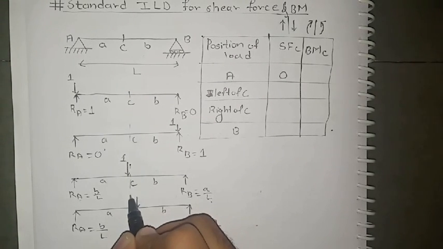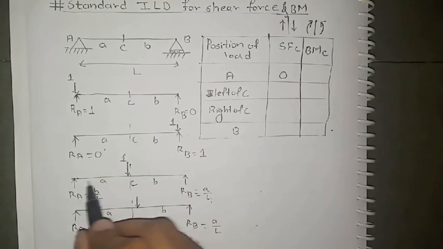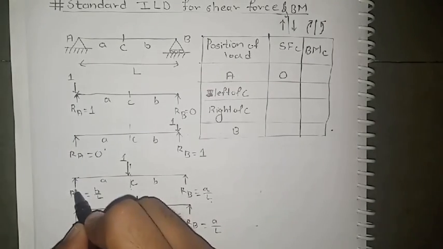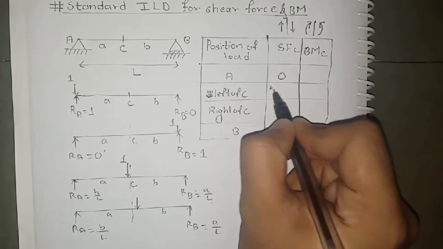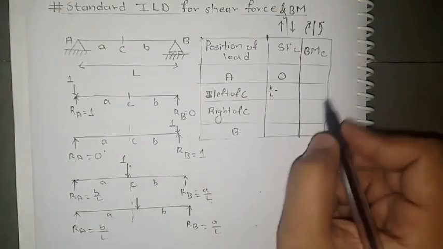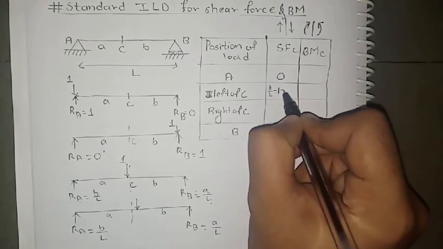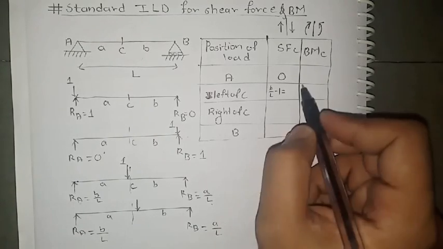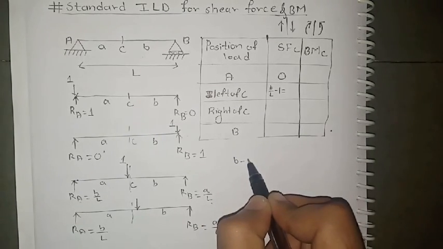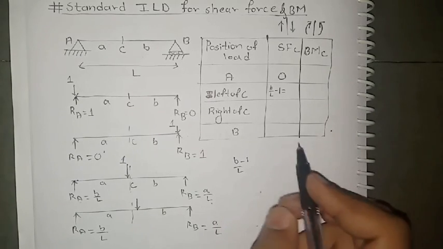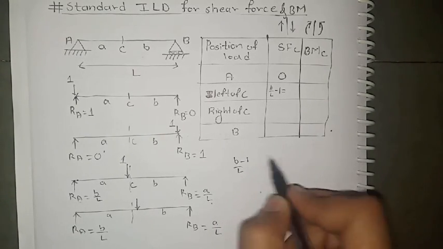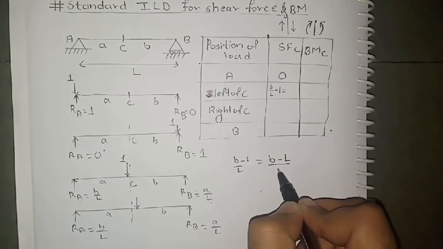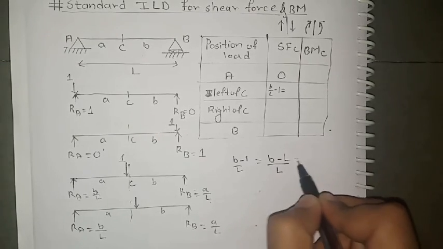By taking the algebraic summation of all the forces towards the left side of the section, we get shear force. This is an upward force, so positive B by L, minus the downward 1, which equals B by L minus 1, which equals B minus L by L. What is B minus L?